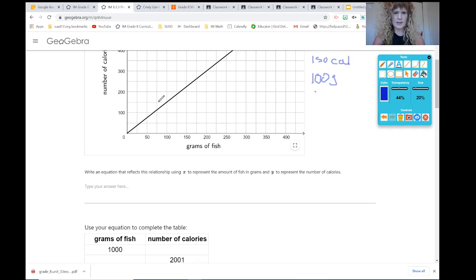Okay? I got that note right here. And we also learned that 200 grams of fish is 300 calories. You know what? That's easy for me to remember. 200 grams of fish is 300 calories. I like those numbers better. Let's use that on our notes.